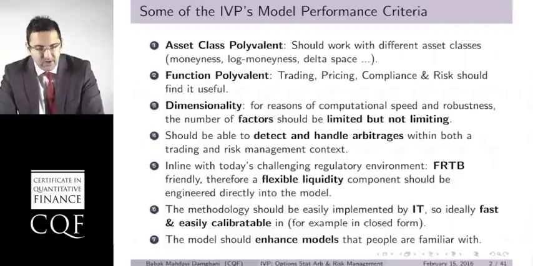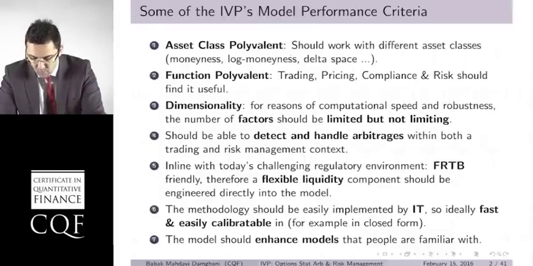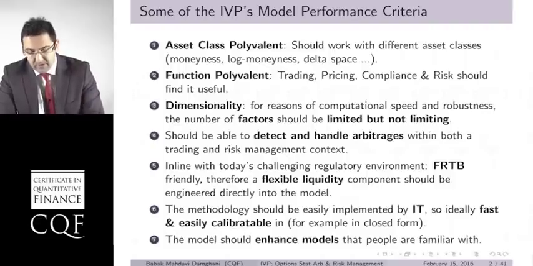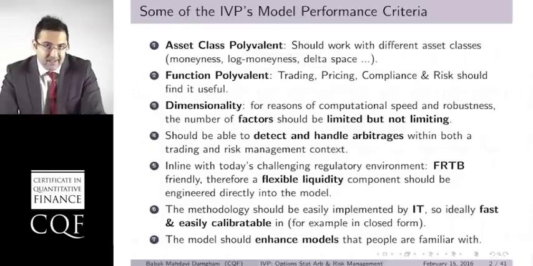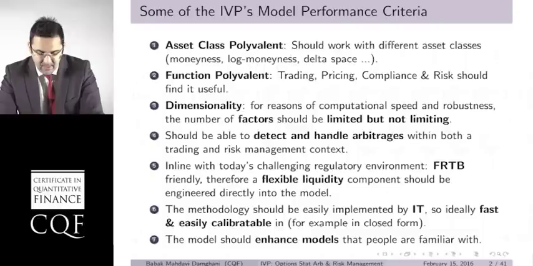That means whether you're in equities, commodities, FX, or rates, the same model should ideally be able to work with all of these asset classes. It should be function polyvalent, so whether you're in risk, in trading, or in other departments within the bank or the financial institution in general, the model should be the same.